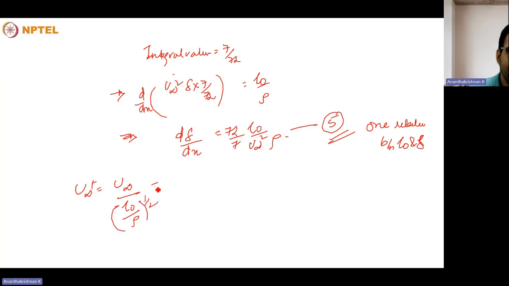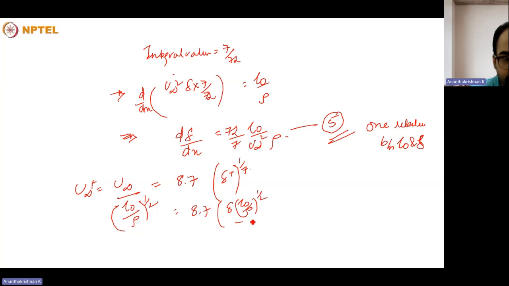There is a shear stress term, and since we are using a power law relationship, we can use it here as well: 8.7 times delta plus the whole power 1 by 7. This delta plus we can denote as delta times the square root of shear stress divided by rho, divided by nu, the whole power 1 by 7. So this is another relationship between shear stress and the delta value.